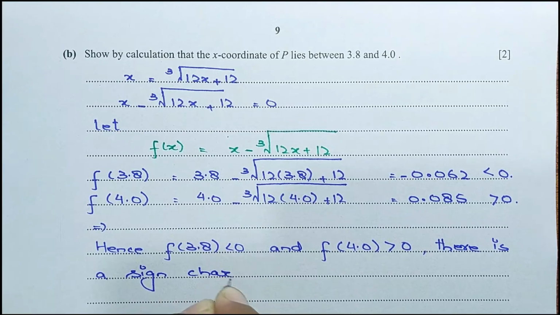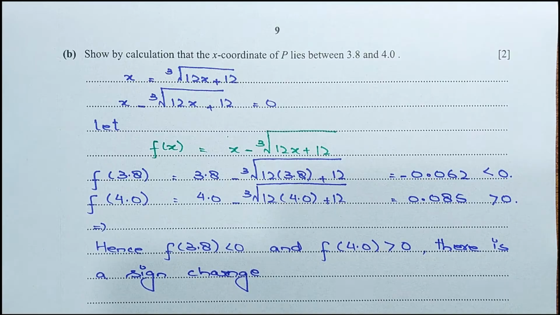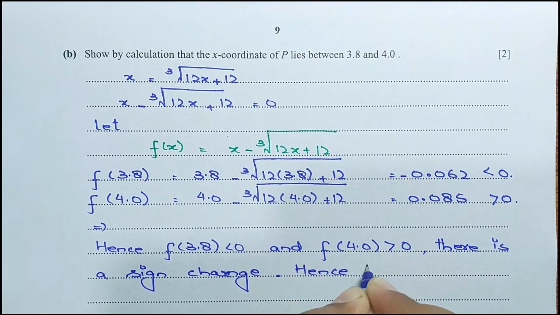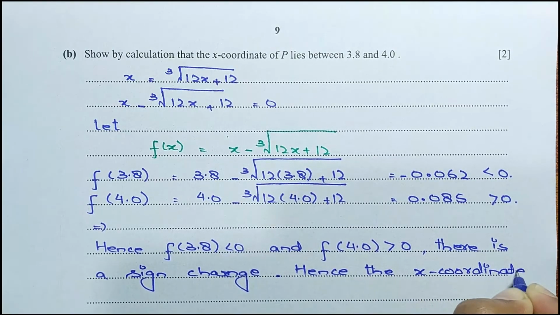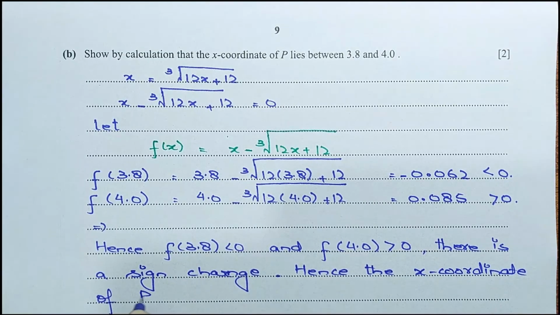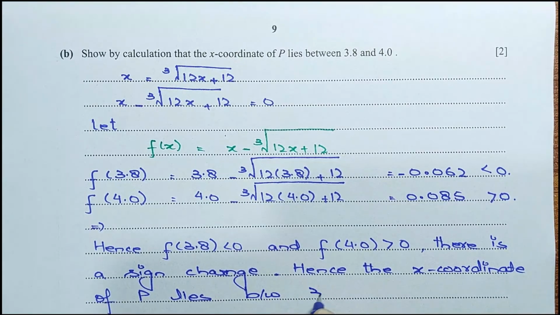Hence the x coordinate of P lies between 3.8 and 4.0. Whenever we have a sign change, the root lies between the two points.